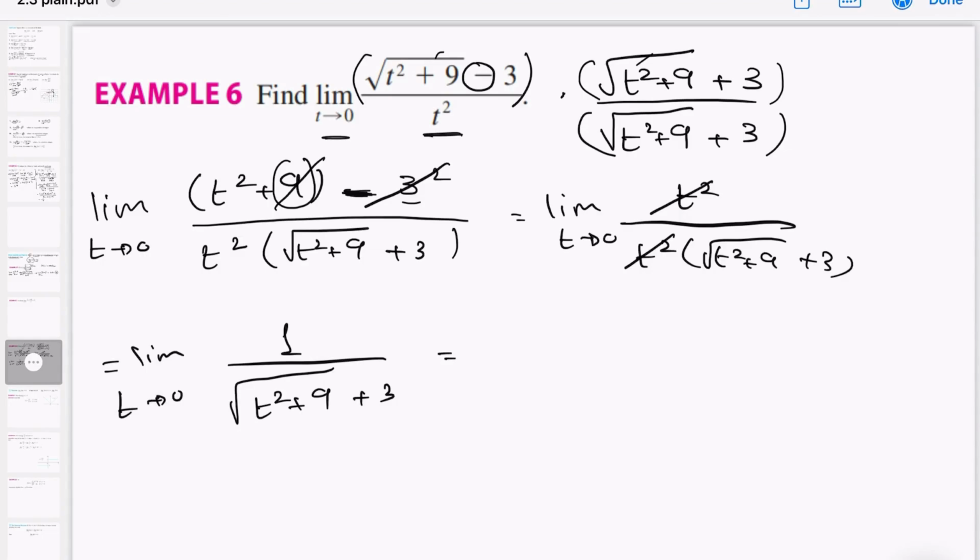So by direct substitution, since 0 is in the domain of this function, we're gonna have 1 over the square root of 0 plus 9 plus 3. This will give us 1 over 3 plus 3, which is equal to 1 over 6.